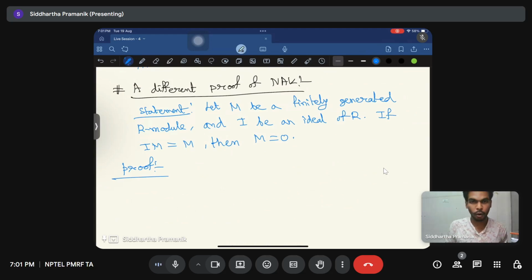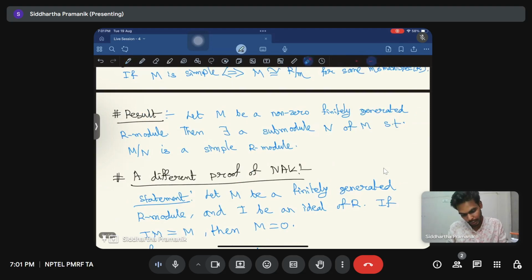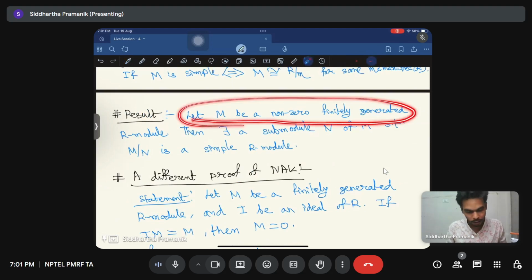So the proof is by contradiction. Suppose M is a non-zero R module. Then M is a finitely generated non-zero R module.